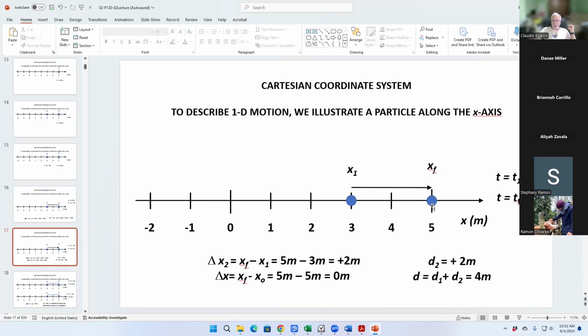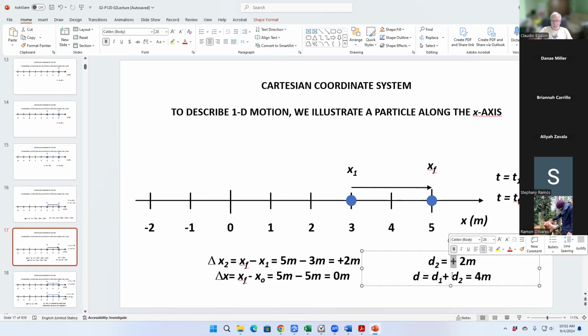The distance traveled is going to be 2 meters to the left plus 2 meters to the right, and it's going to be 4 meters. So that's an important difference between distance traveled and displacement. One can be 0 meters, the other can be something else. In addition, you may also have different numeric values for the distance traveled.